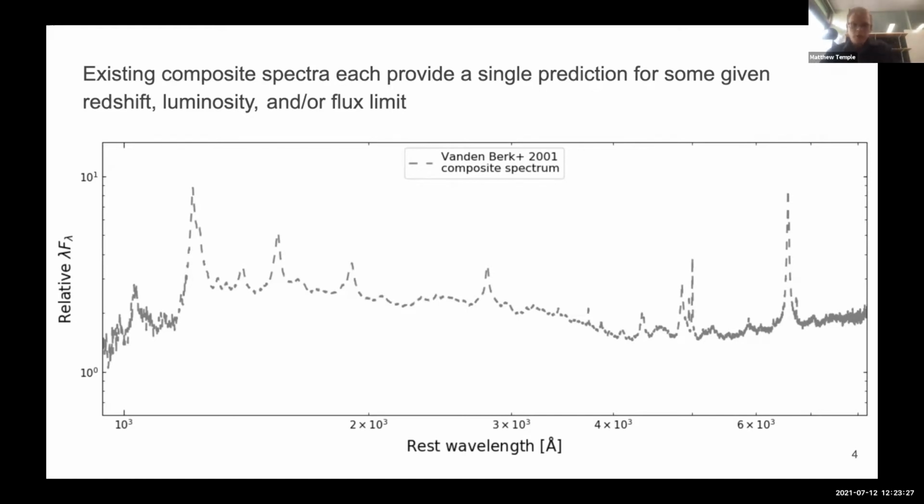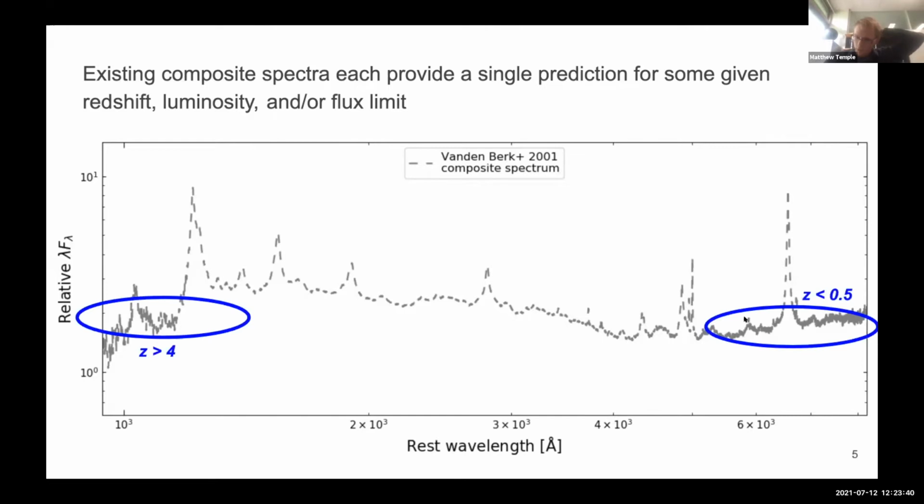The trouble with this is it was obtained using observed frame optical SDSS spectra for quasars at a large range of redshift. What this means is that the rest frame optical pixels in this composite are coming from low redshift objects, whereas the rest frame UV pixels are coming from much higher redshift objects. And obviously these objects are significantly different luminosity because of the early SDSS flux limit.